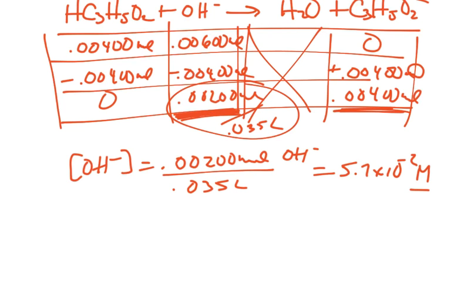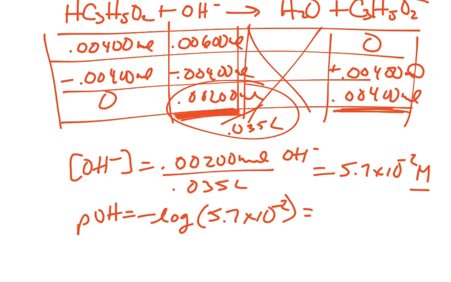Now if that's my OH minus concentration, then my pOH is the negative log of that number. Which I get 1.24.